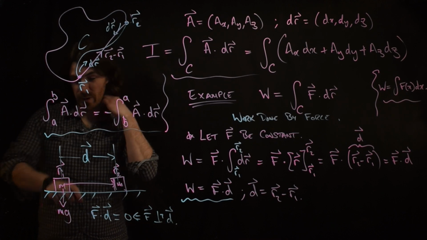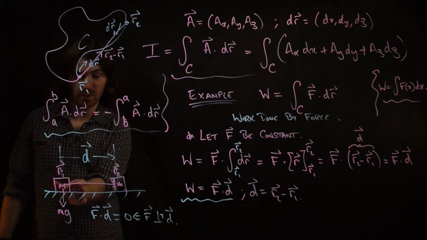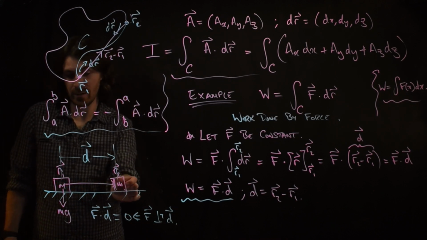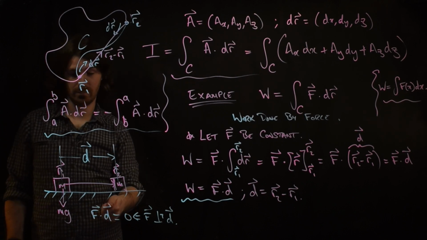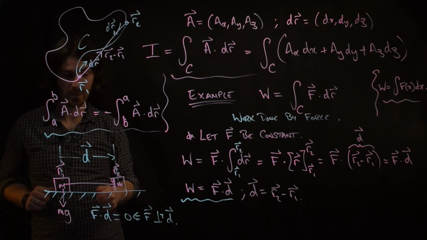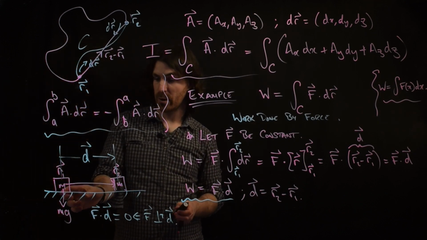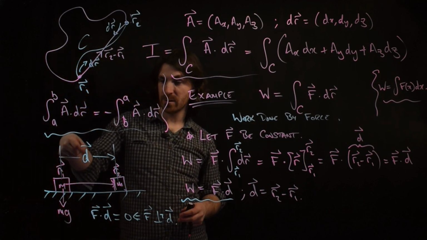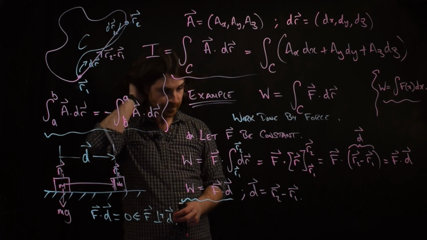So the work done by gravity in sliding this block along a horizontal frictionless table is 0, because you haven't changed the height of this block. At all points the force was perpendicular to the displacement.